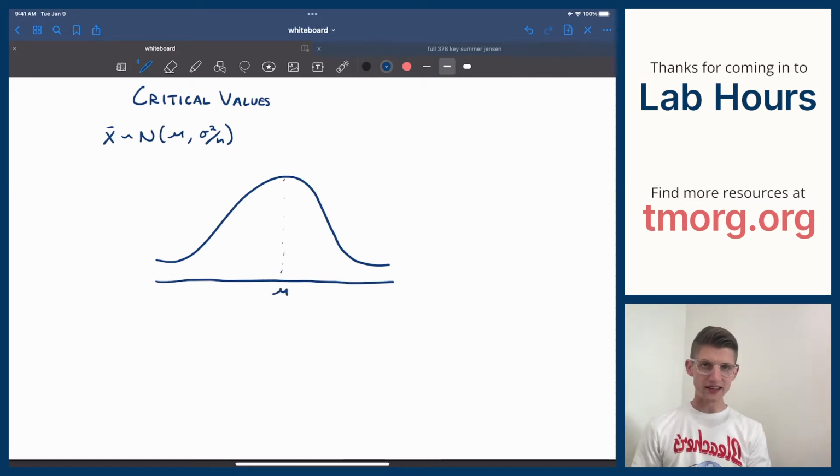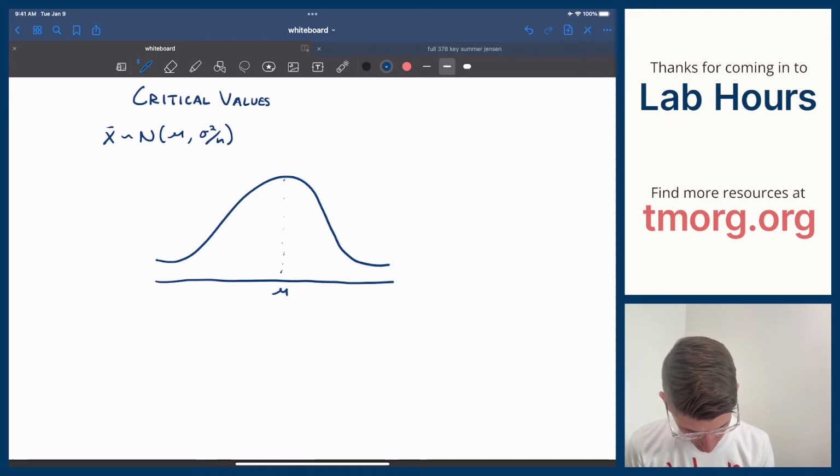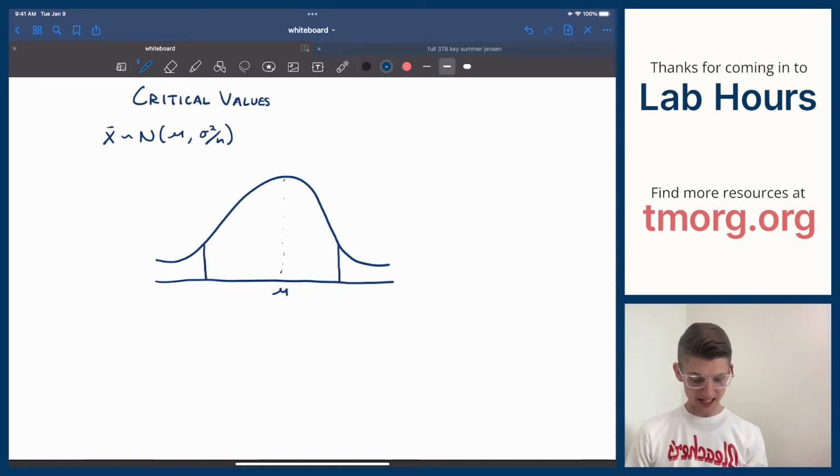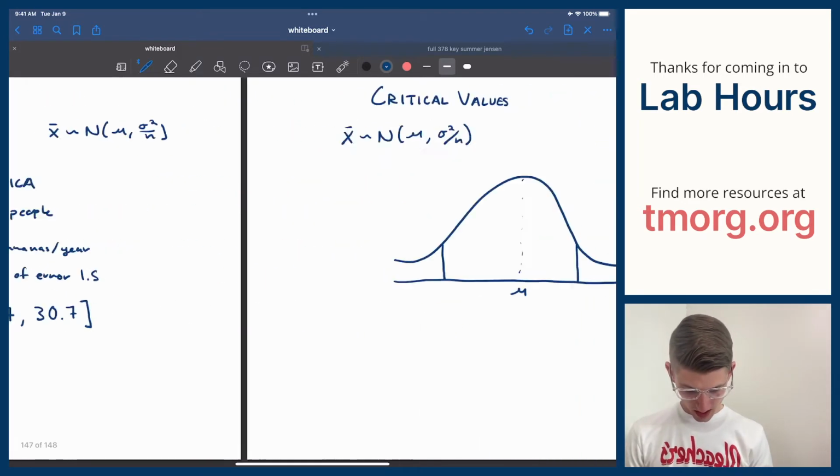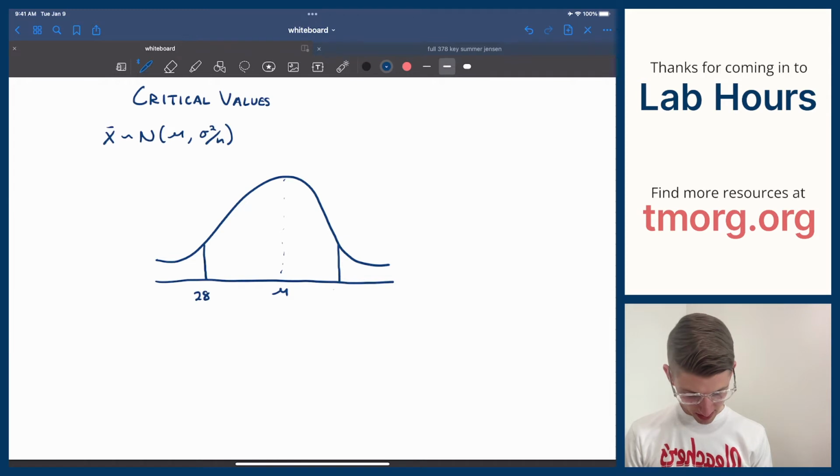We don't know exactly what mu is, but here's the deal. We know, for example, the following things, okay? There is an interval that they have provided to us such that 28 and 32 are the bounds of that interval, okay?